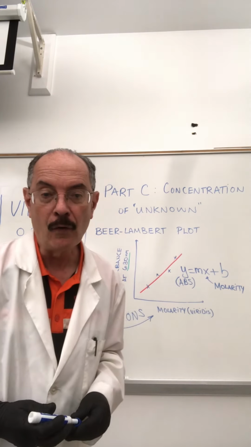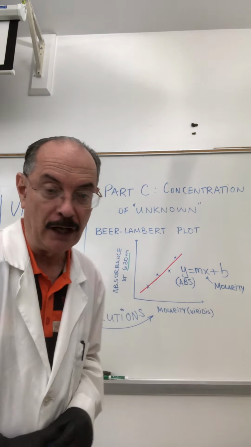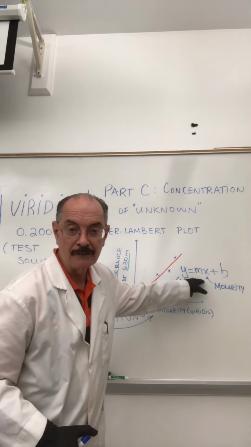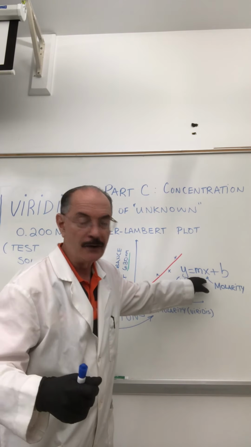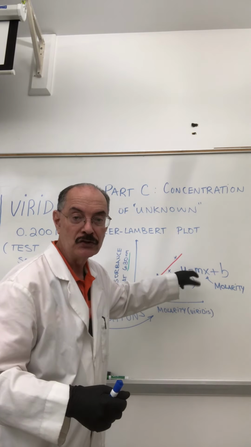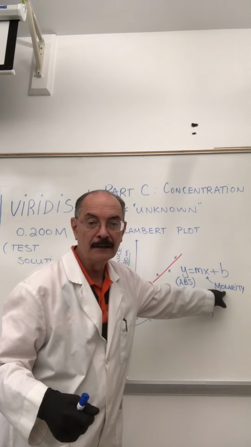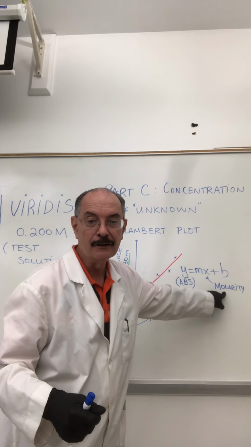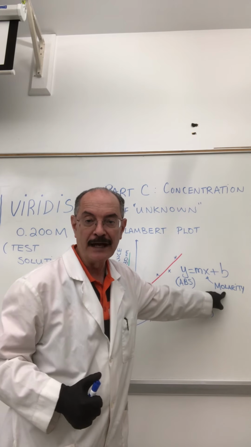Once I have my Beer-Lambert plot and the equation of the line, I can put in my unknown, determine its absorbance, and use the equation to solve for the molarity of that unknown. So let's get ready.